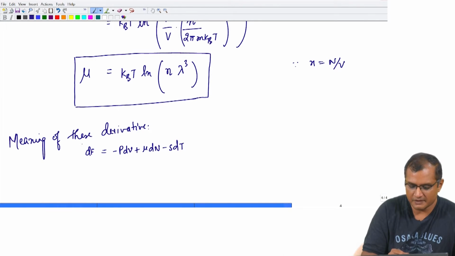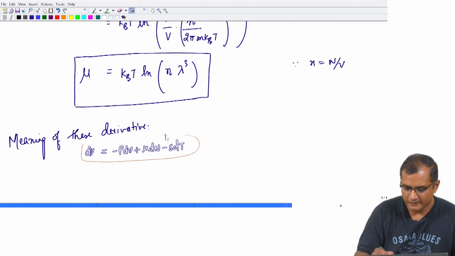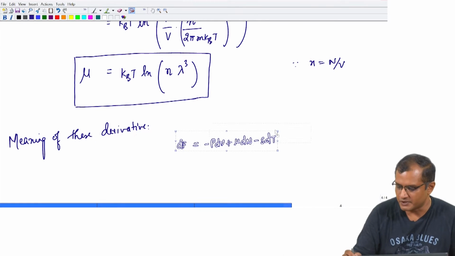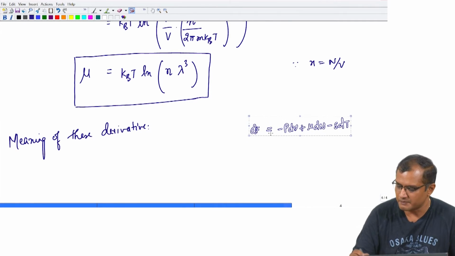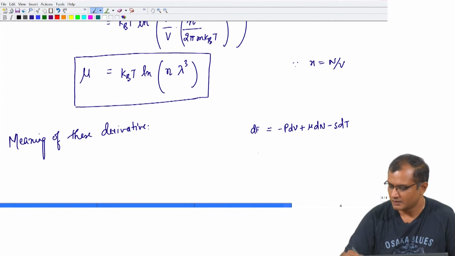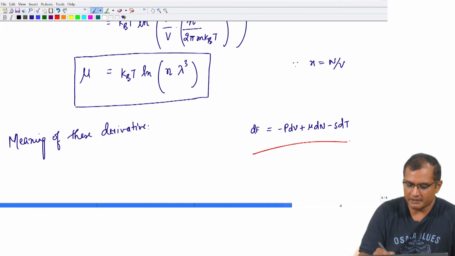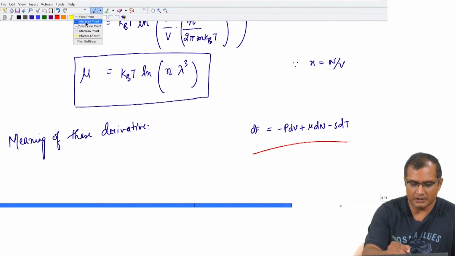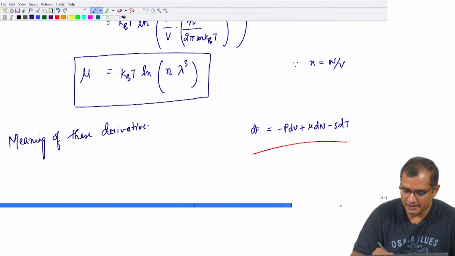Which derivatives? These derivatives. So, let me push it on the right side because I need some space. This basically provided us with a tool to construct all these derivatives.